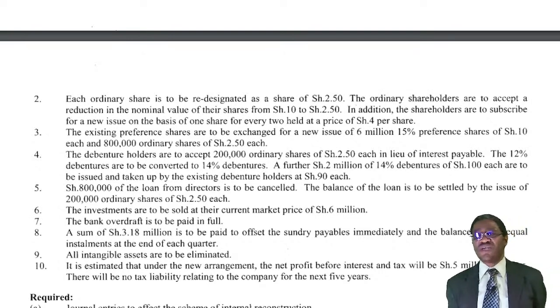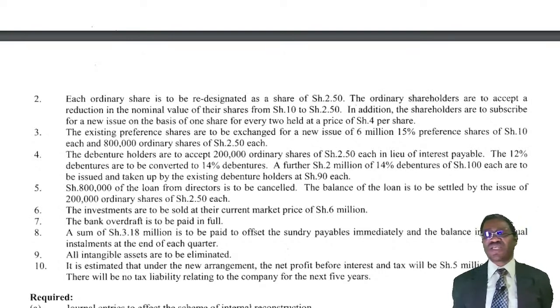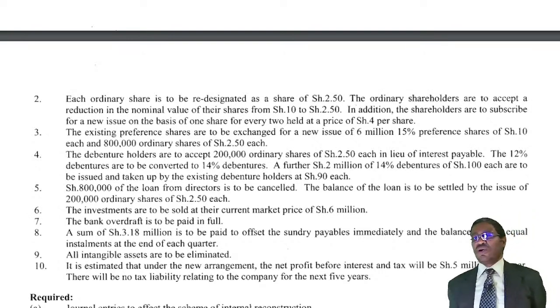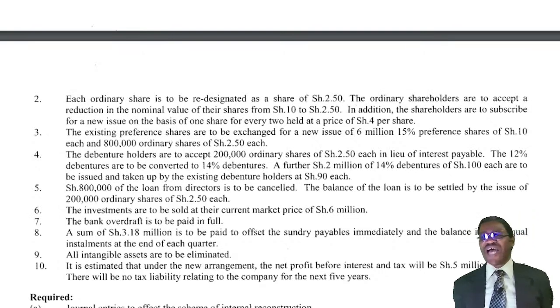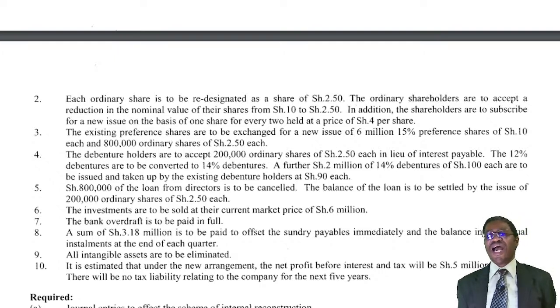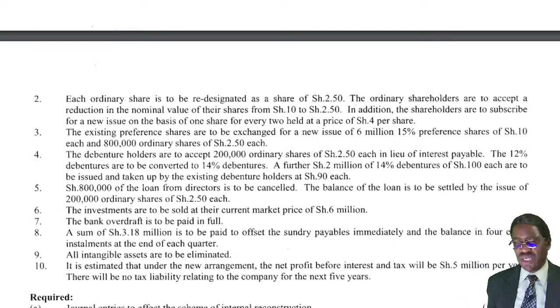The 12% debentures are to be converted to 14% debentures. A further shillings 2 million of the 14% debentures of shillings 100 each are to be issued and taken up by the existing shareholders at shillings 90 each.